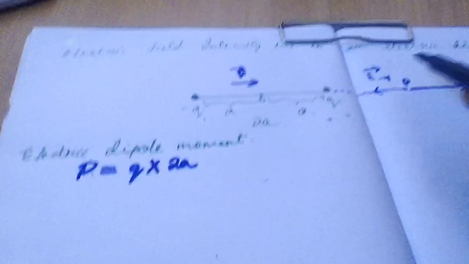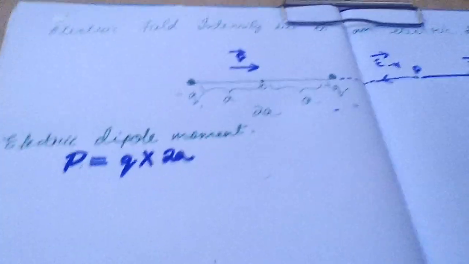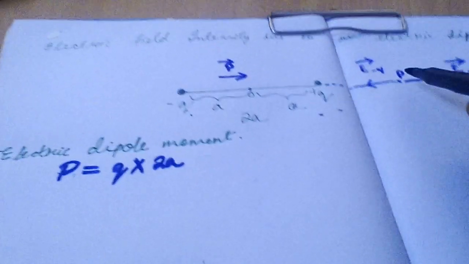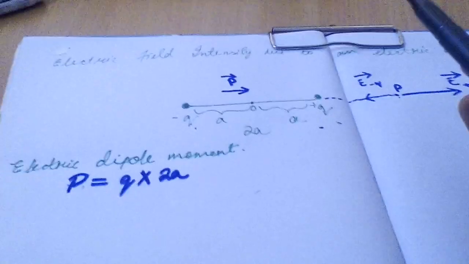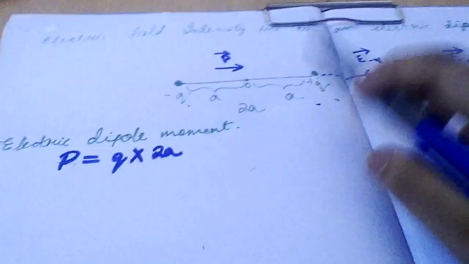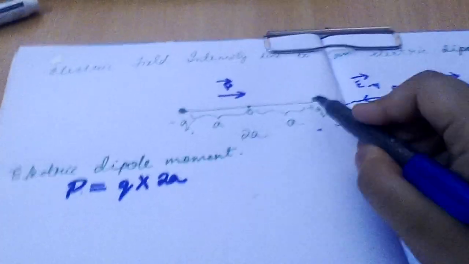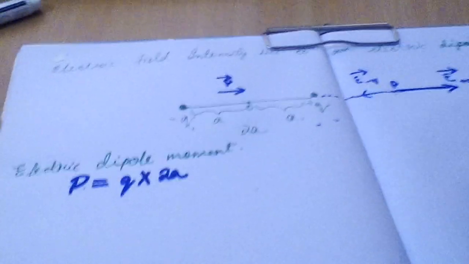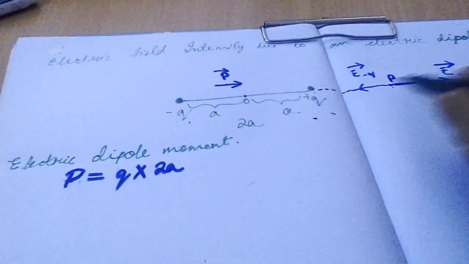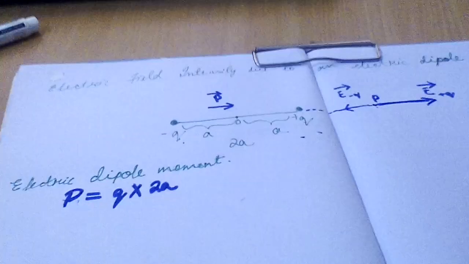We know that the electric field intensity at a point due to a positive source charge is always directed away from the source charge. So if this is the source charge, the electric field intensity at this point P has to be directed away from it, in its opposite direction.